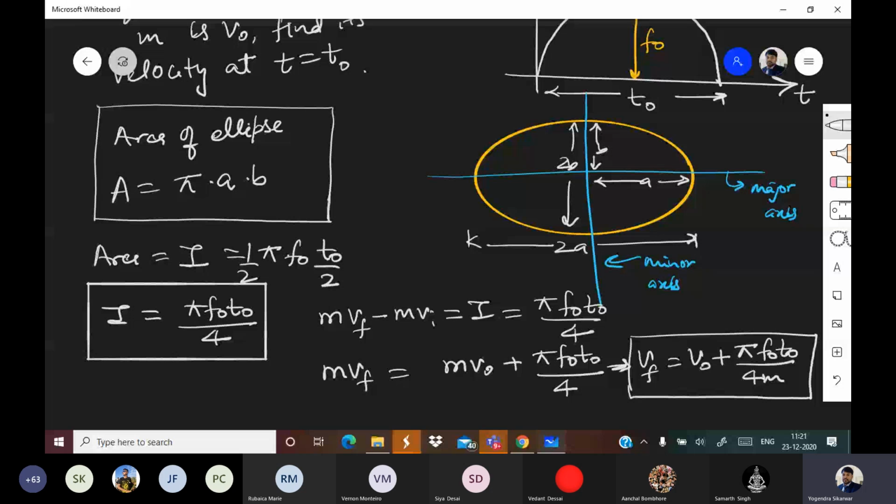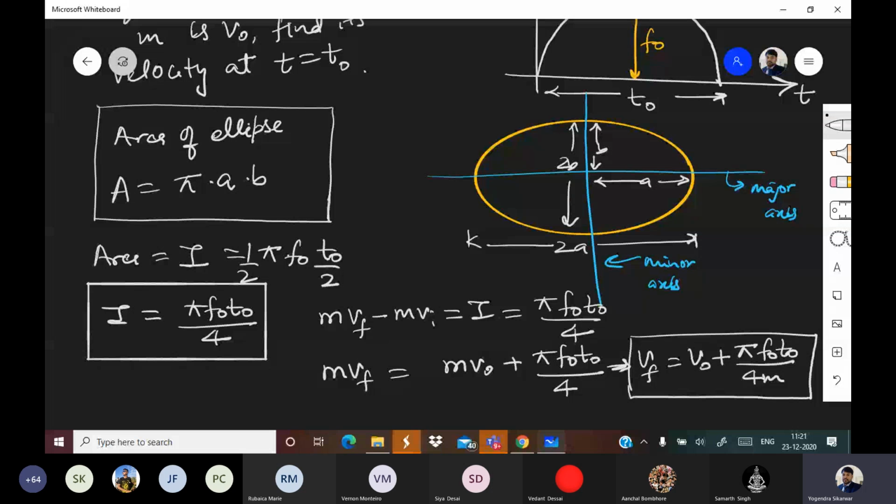I will beat you up and remove your typos. So the answer is Vf is equal to V naught plus pi F naught T naught upon 4m. No problem, Suhas, no problem.